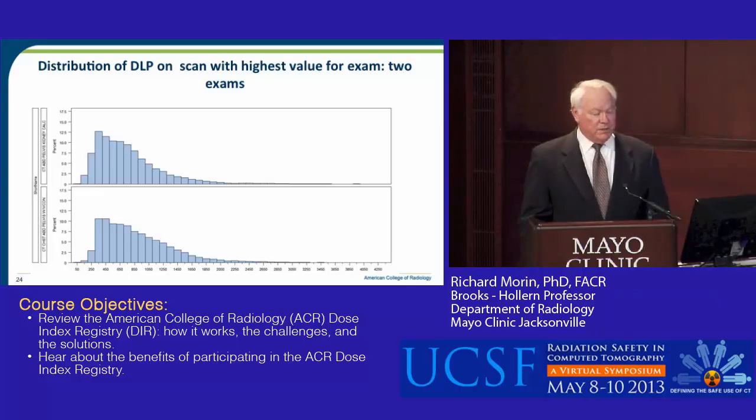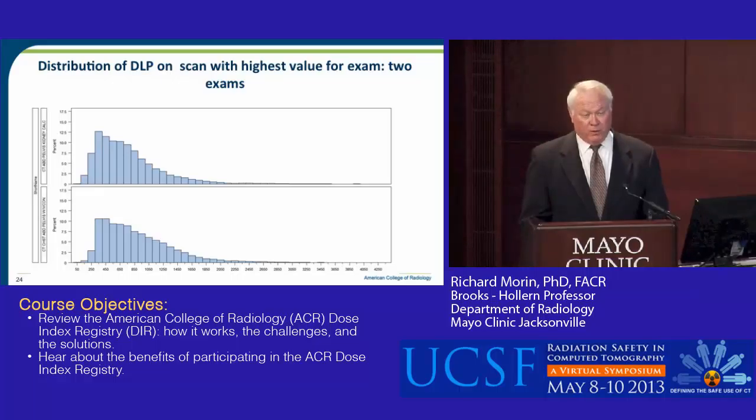Next slide, please. This is the distribution of the dose length product. The two indices that we do use right now are the CTDI volume and the dose length product. The dose length product does express a little bit different of an index because it tells you about how much anatomy was covered, and the fact that for some of your patients that are shorter than others, certain parts of the body for sure it'll be a longer scan, and therefore the amount of radiation used during that study would be expected to be higher.